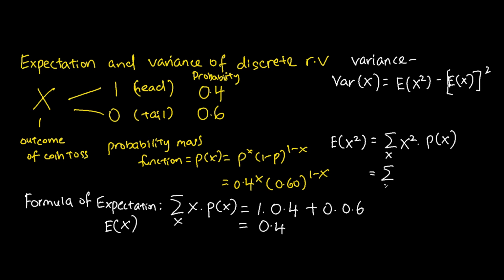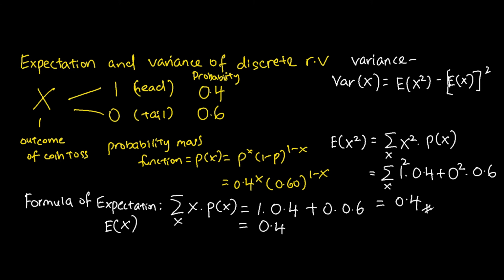For this case, my x squared is 1, and the probability is 0.4, plus if we square the numerical value for the tail, it is 0 squared, times the probability, which is 0.6, and that gives me the expectation of x squared to be 0.4.